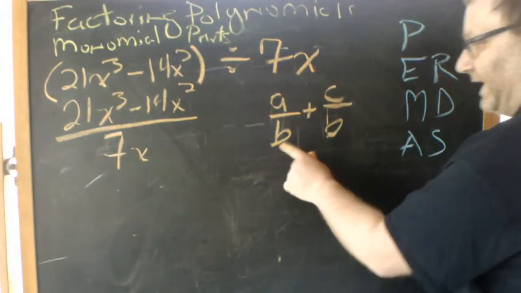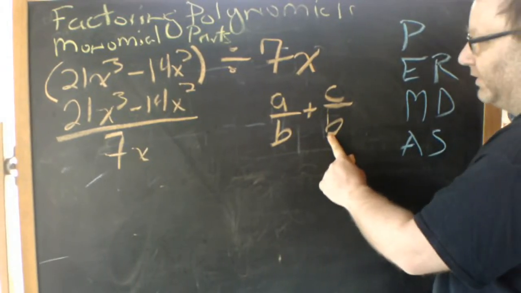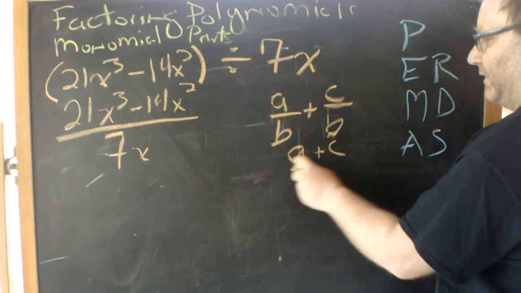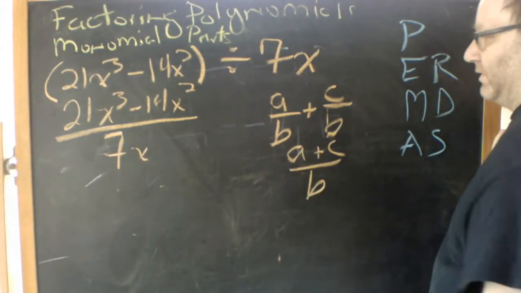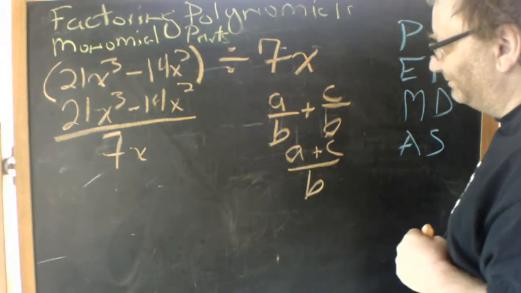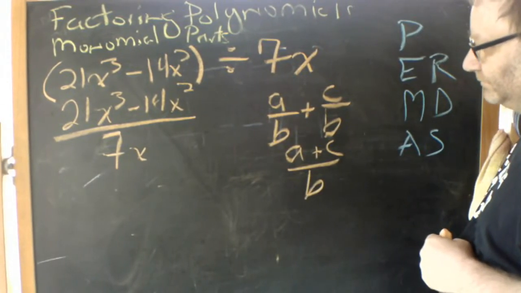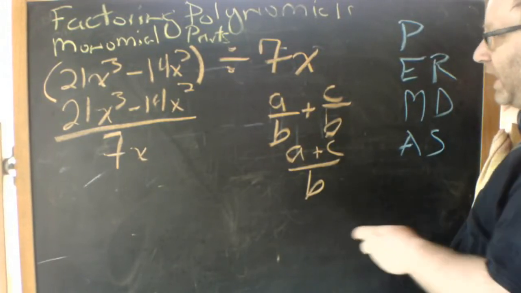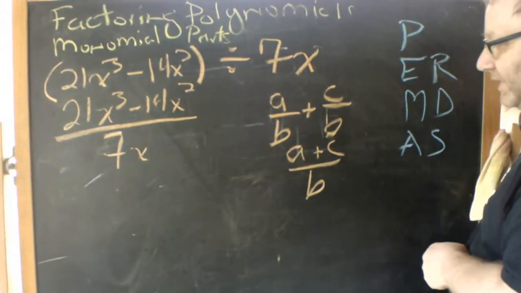When I had a common denominator, I could bring the numerators together. But it was only upstairs. This only worked upstairs. So, I can go backwards. Anything I can do forward, I can go backwards.